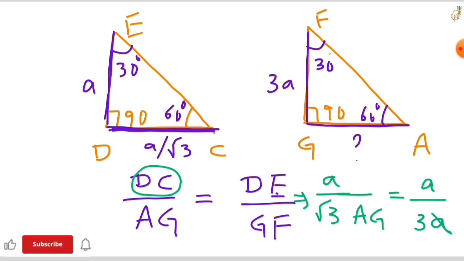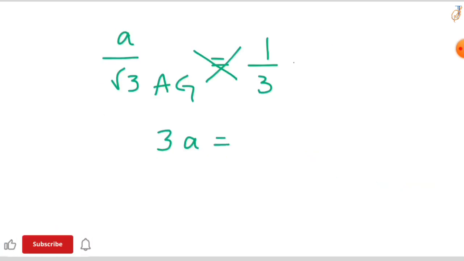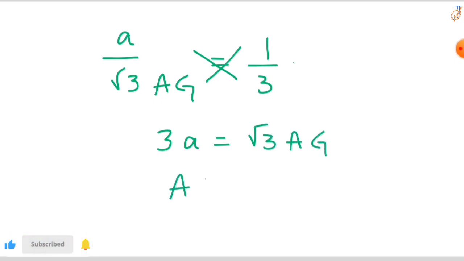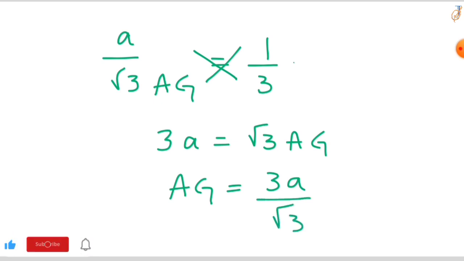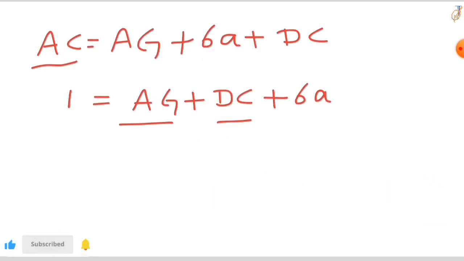Here A gets cancelled. After cross multiplication, you will get 3A equals root 3 AG. So AG is equal to 3A over root 3. So the AG value is 3A over root 3, and we found the DC value is A over root 3. Now substitute those two values here.